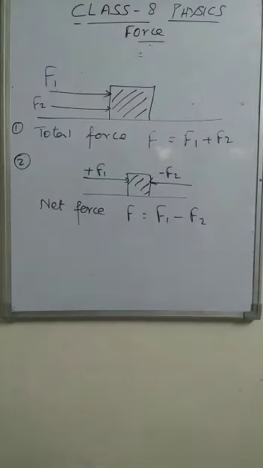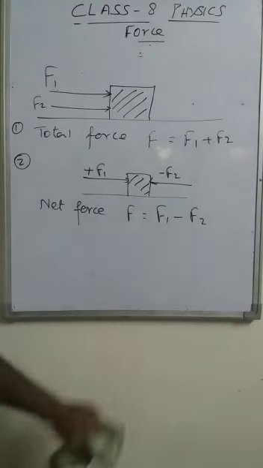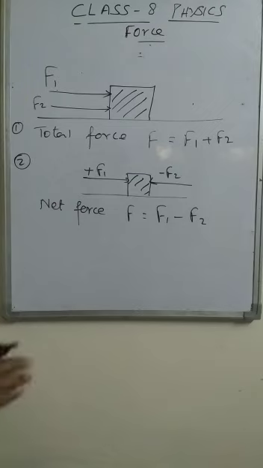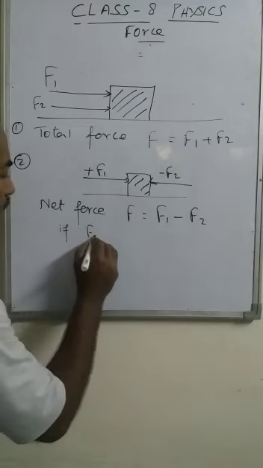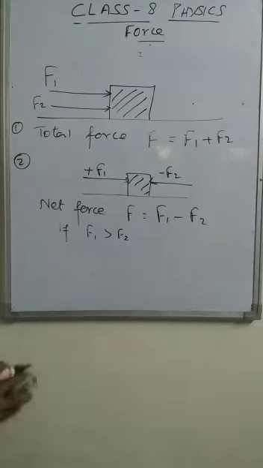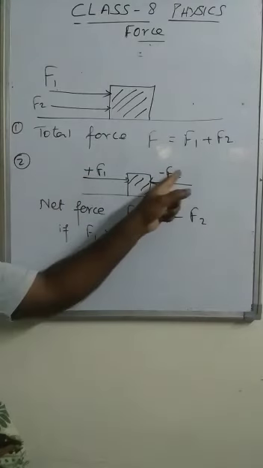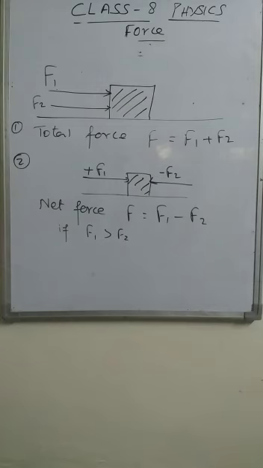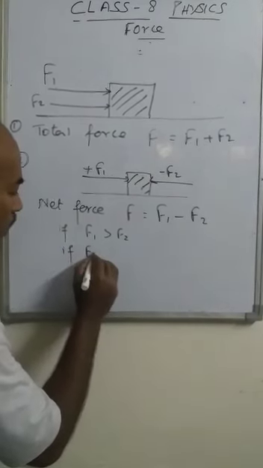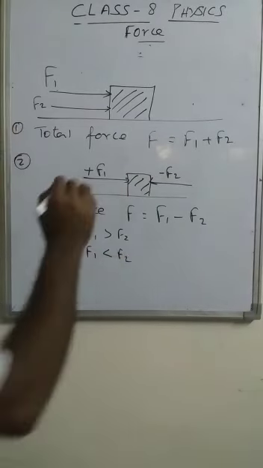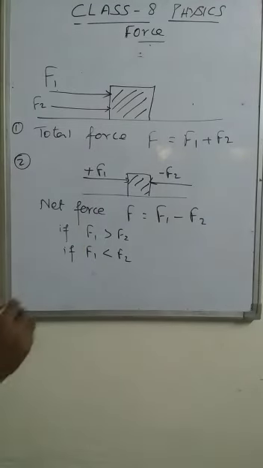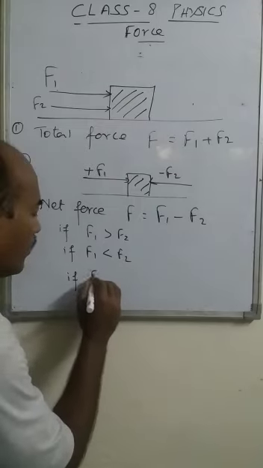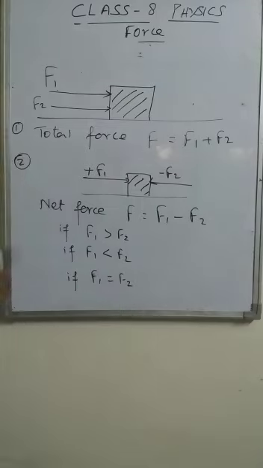In finding the net force, we can have three possibilities. Three possibilities are: if F1 is greater than F2, so this force is greater than this force, then what will happen? If F2 is greater than F1, then what will happen? If F1 equals F2, three possibilities are there.